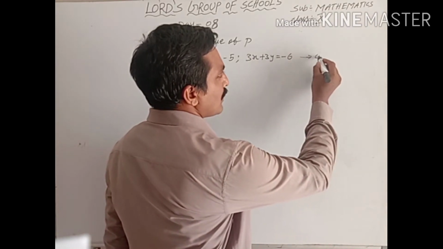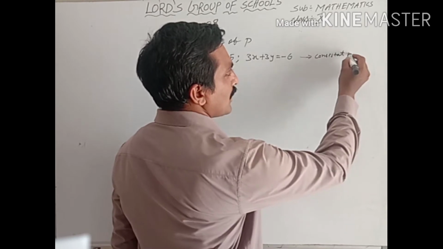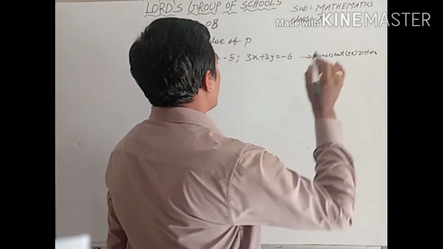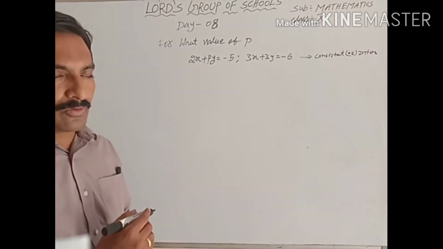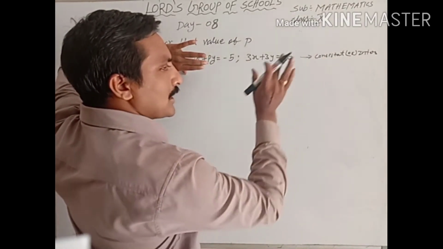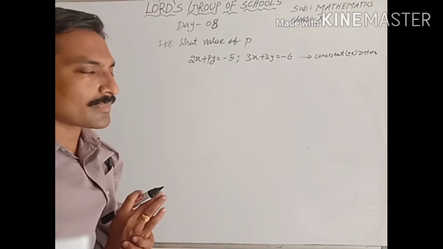Here what is it saying? Consistent or intersecting. So then what is the value? It means these two lines are consistent lines. Then what is the value of P?